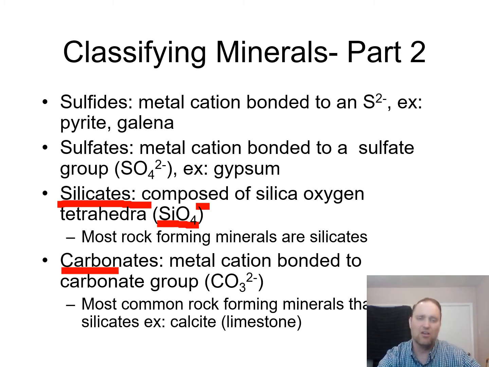And then there's the carbonates. So you combine carbon with oxygen. Now, there's no hydrogen or anything like that involved, so it's not organic in the chemistry sense. But we take those carbonate groups and combine them with any number of metals, and then we get one of these carbonate minerals. And so a great example is calcite, which is calcium carbonate. I'll take a look at some of these in just a second.